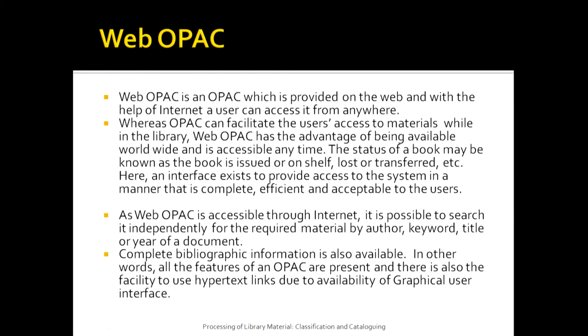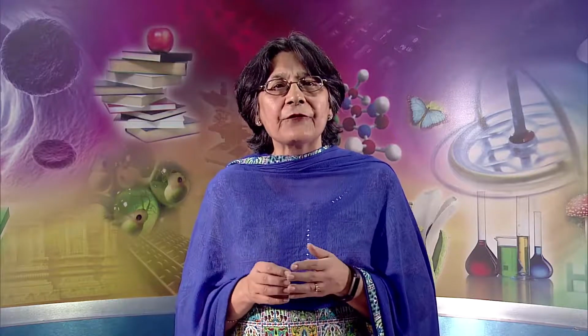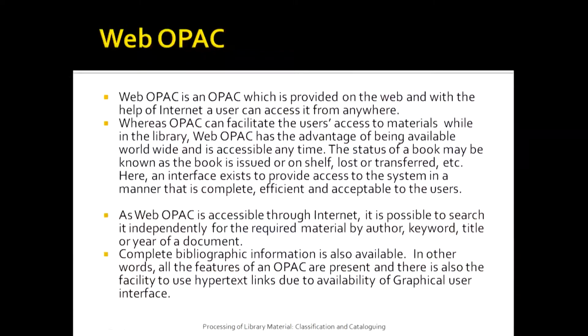The status of a book may be known as the book is issued or on a shelf, lost or transferred, etc. Here, an interface exists to provide access to the system in a manner that is complete, efficient and acceptable to the users. So, as Web OPAC is accessible through internet, it is possible to search it independently for any user from anywhere by author, keyword, title or year of the publication.